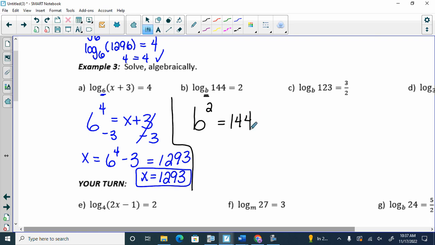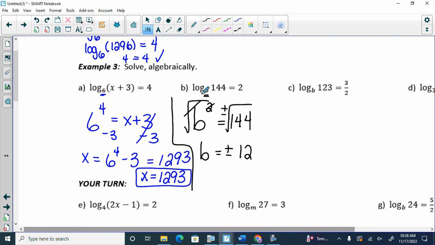How do I get b squared by itself? Square root it. When you square root, you get the plus or minus. So I'm going to get b equals plus or minus 12. The catch? The base of a log, or what's beside a log, can't be negative, just so you know. If you were typing into your calculator log base negative 12 of 144, it's going to error you.